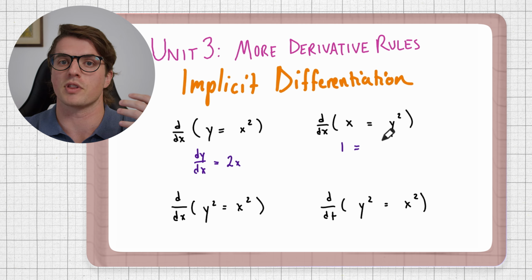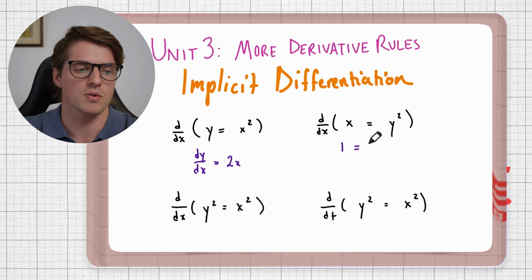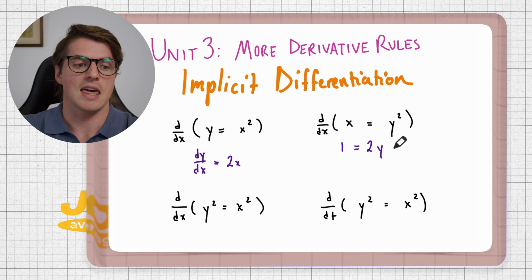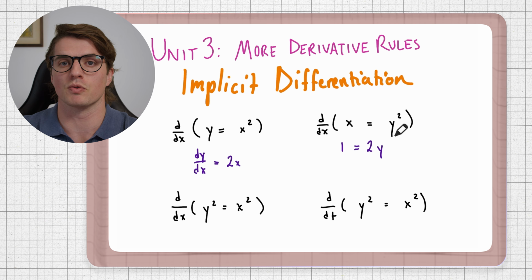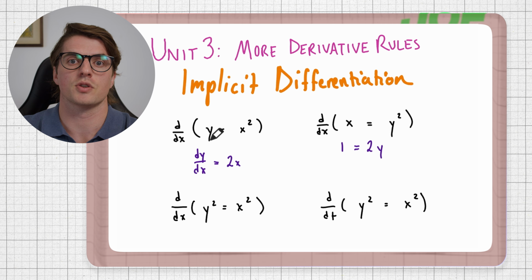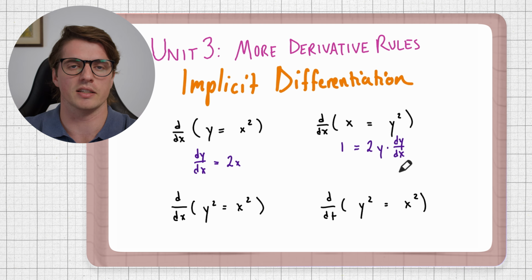If we have a function within a function, we think of the inside as just something. So we have 2 times that something, which is y, and then we multiply by the derivative of y, which we just showed was dy/dx. So this would be 1 is equal to 2y dy/dx.